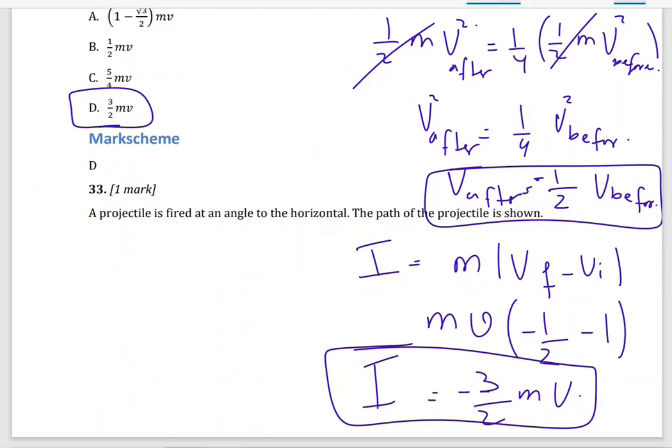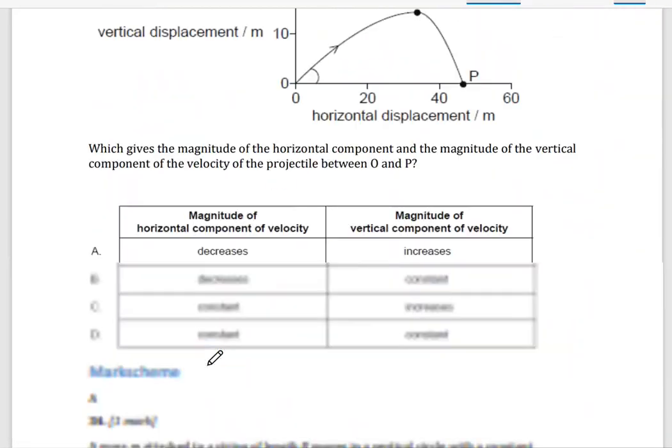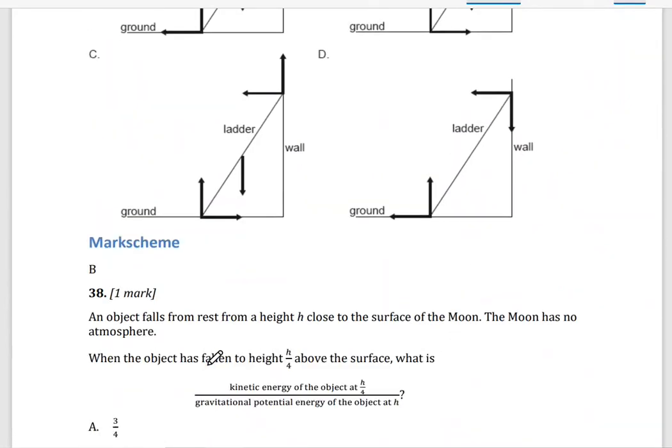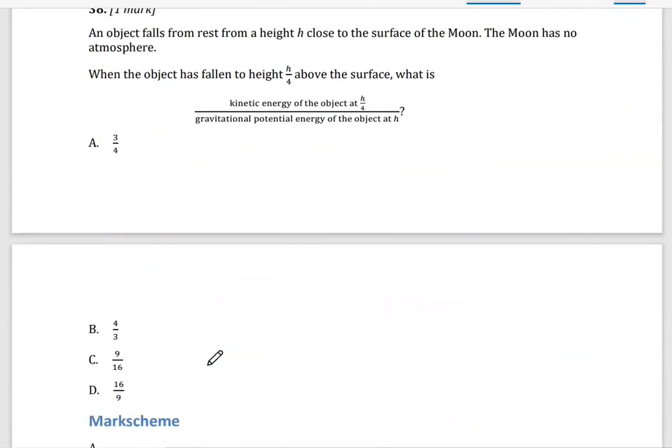Now the last question I'm going to solve, and then we'll continue in the next video, inshallah. Question number 38. You have an object that falls from rest, initial speed 0, from height h close to the surface of the moon. The moon has no atmosphere, so no resistance.